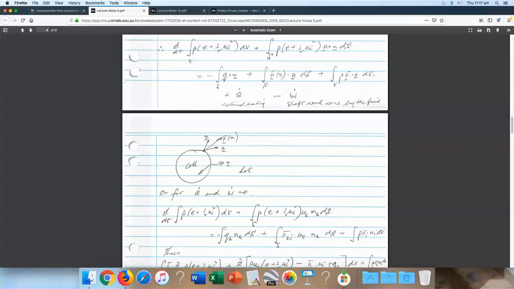For example, it could arise from the fact that I'm burning a fuel, and that's adding heat, as if my gas was not the fuel plus air, but a working fluid, say just nitrogen. I can imagine what happens when I burn the fuel in oxygen in the air by imagining that I have just added heat to the flow, as if it were all nitrogen.